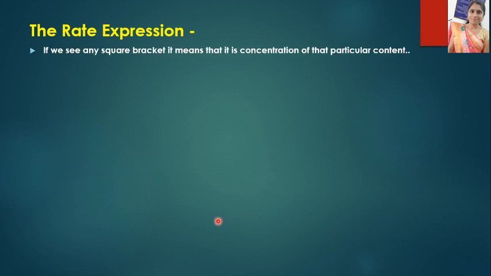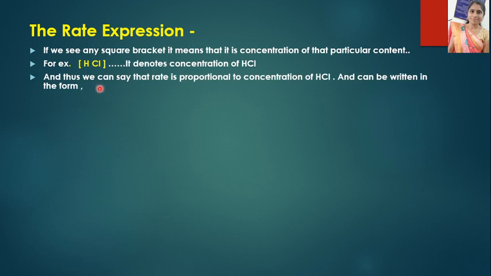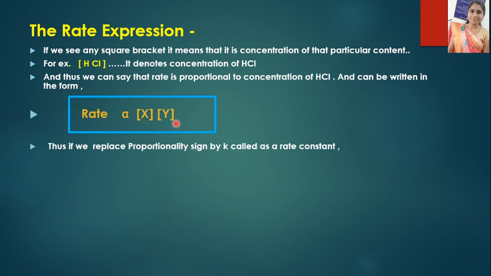So, rate expression. We can see that any square bracket means the concentration of that particular substance. Here it shows the concentration of HCl. So we can say that rate is proportional to the concentration of HCl, and it can be written in the form rate is proportional to concentration of X into concentration of Y. Thus, if we replace the proportionality sign by K, it is called the rate constant.